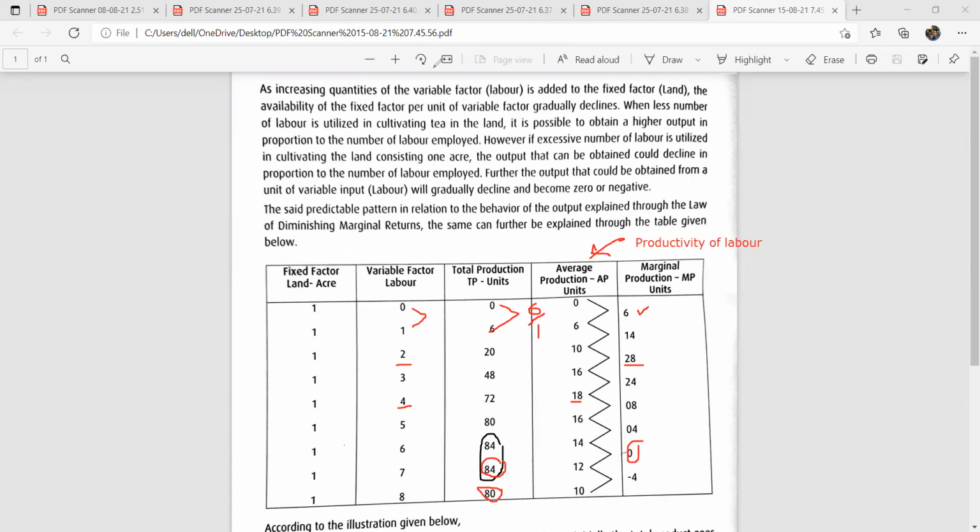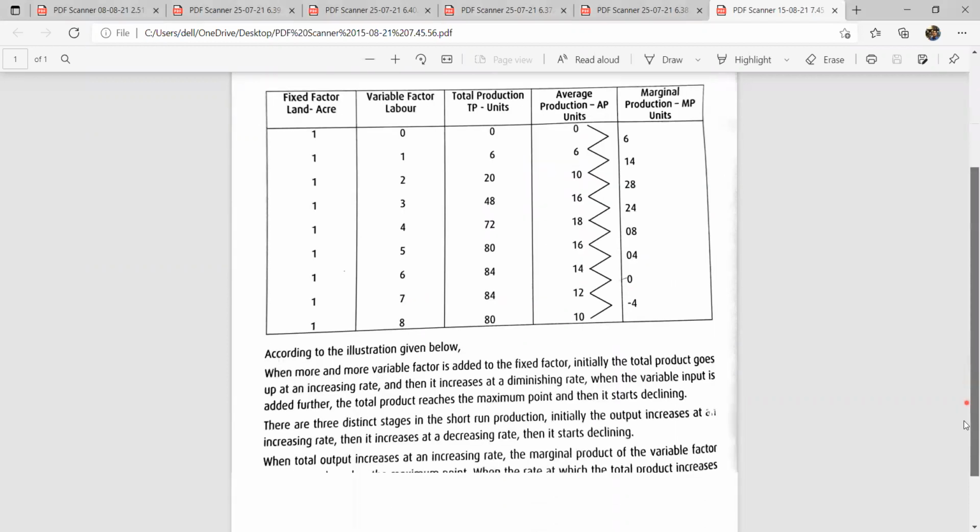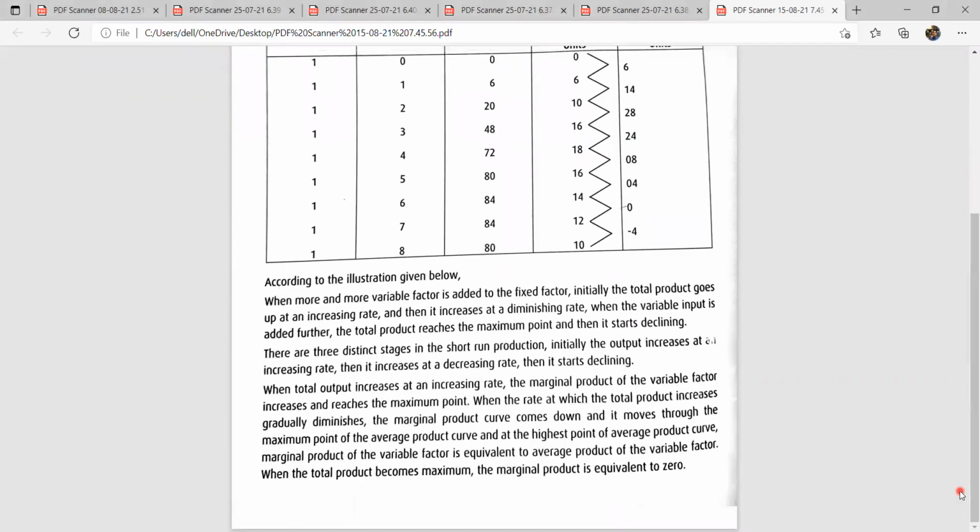So then we can identify such a relationship through a diagram as well. According to the illustration given below, when more and more variable input is added to a fixed factor, initially the total product goes up at an increasing rate, and then it increases at a diminishing rate.